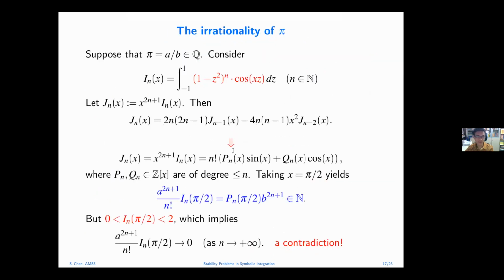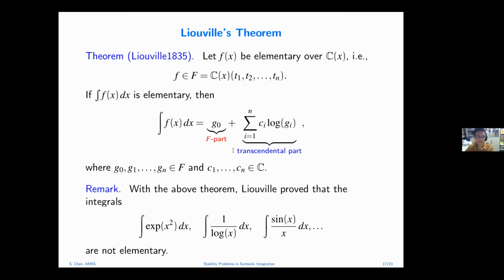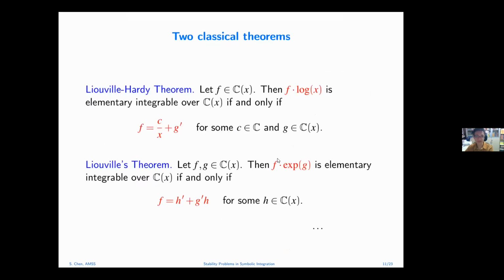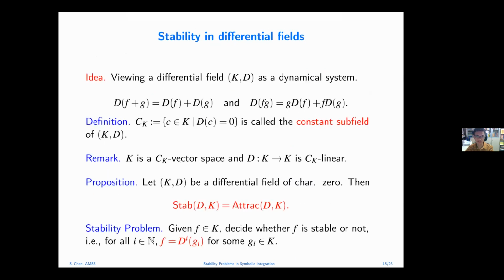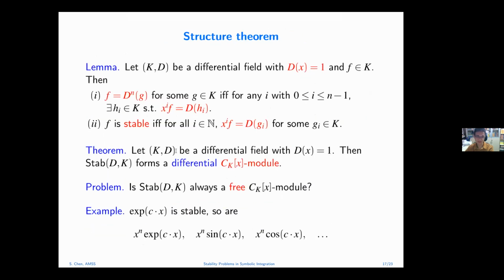I use a very elementary way to prove it, but there's a more algebraic way to prove this module result: all stable things form a module. I think my very technical lemma can be simplified, and maybe this can be used to prove it in a more algebraic way. But this is still open. Whether this module is free or not is still open.